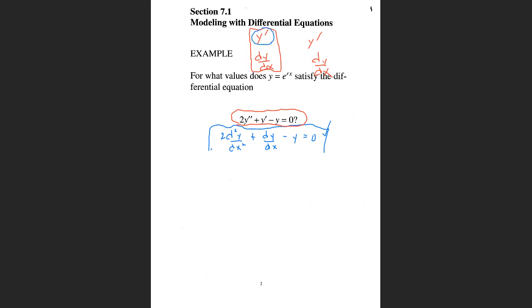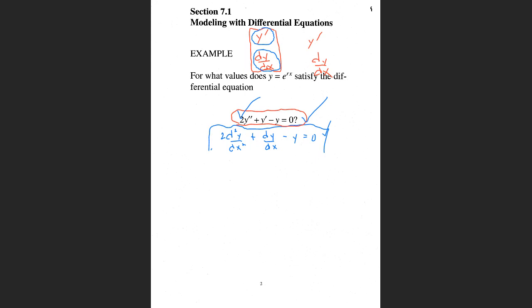But there is a second notation, and this is a differential equation here because it's an equation that has derivatives in it: 2 times the second derivative of y plus the first derivative of y minus y equals 0. That is an equation that involves derivatives, so we call it a differential equation.